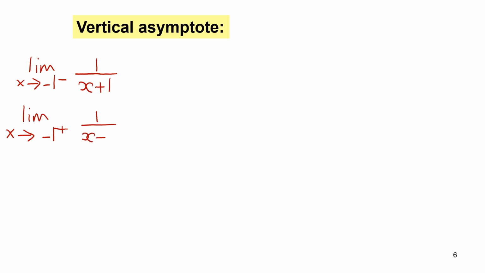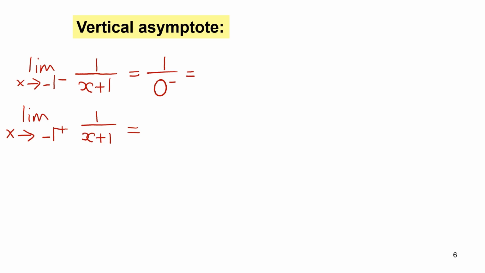Vertical asymptote. How do we test the limit at x equals -1? First, the limit as x tends to -1 from the left for the function 1 over x plus 1. Second, the limit as x tends to -1 from the right for the function 1 over x plus 1. We substitute the nearest value, we get 1 over a negative value.